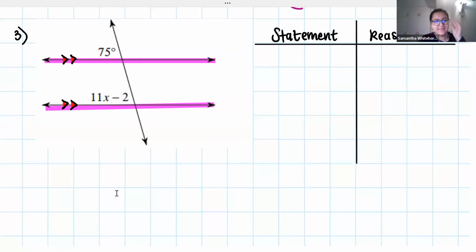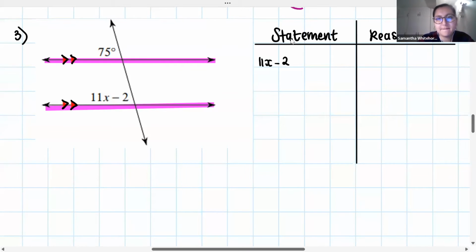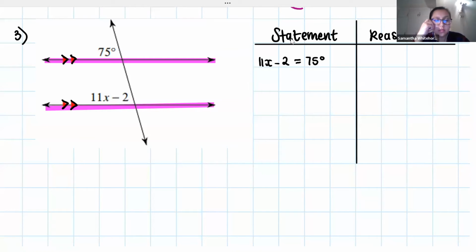Okay, Lesedi. Hi, ma'am. What I did, ma'am, I said 11x minus 2 equals 75. Good. And what's your reason? Ma'am, I don't know. Okay, looking at the diagram, why are you saying they're equal? Ma'am, because we're trying to find x.